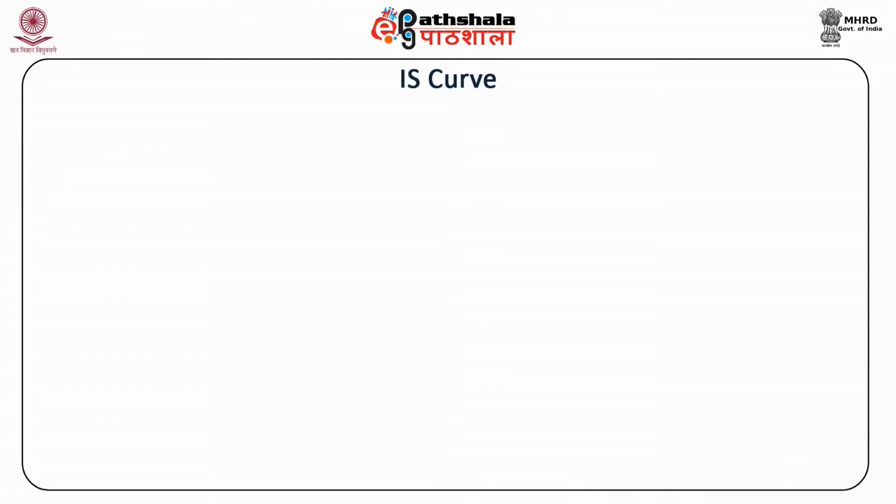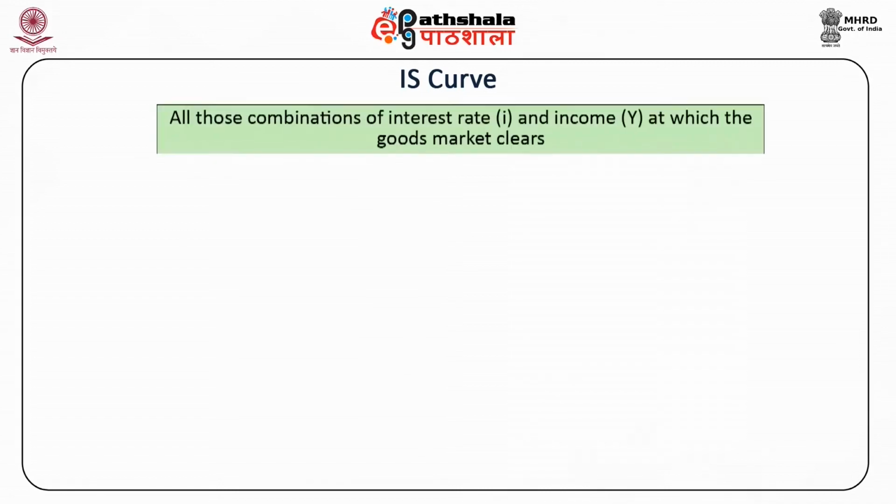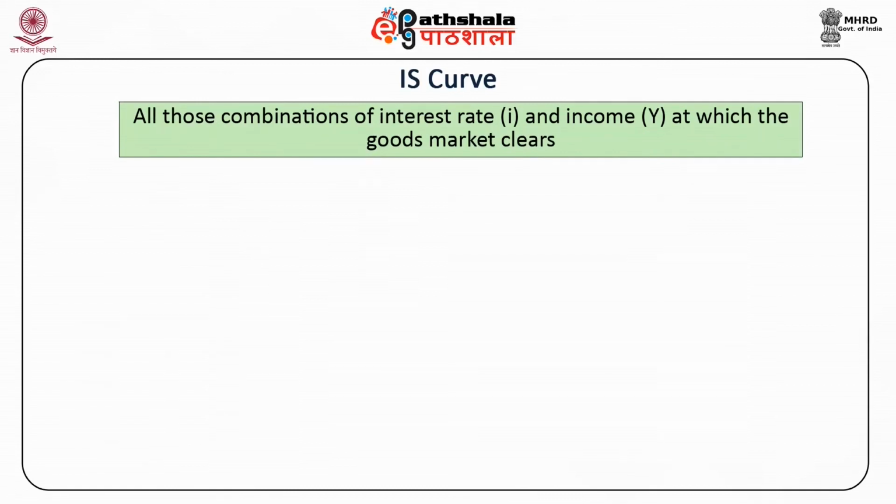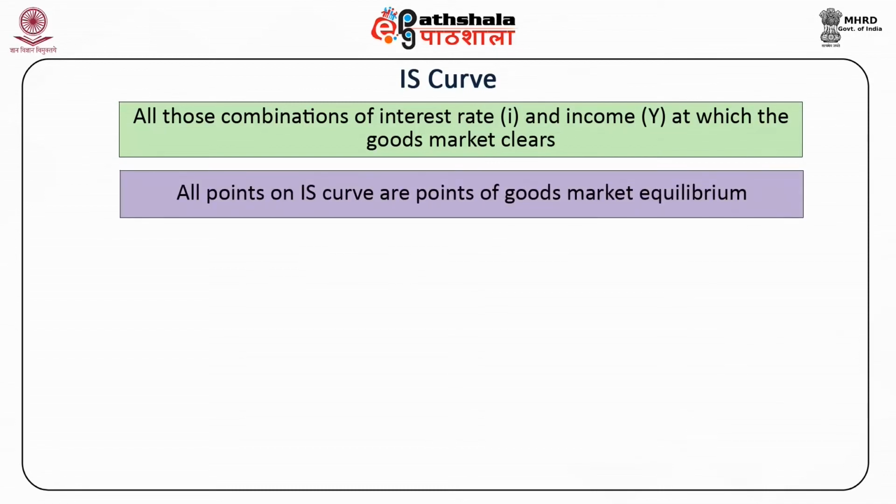IS curve. The IS curve represents all those combinations of interest rate I and income Y at which the goods market clears. In other words, all points on the IS curve are points of goods market equilibrium.